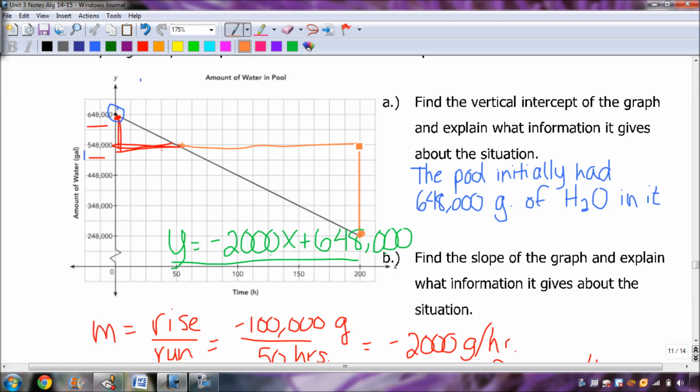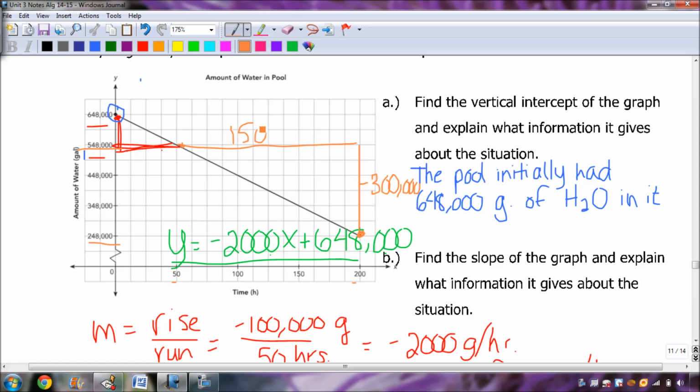So how much did it go down by? Well, it went from 548,000 to 248,000, so it went down by negative 300,000. All right, and then how much did it go over by? It went from 50 hours to 200 hours, so it was 150 hours.